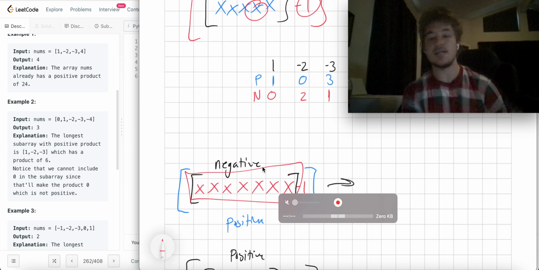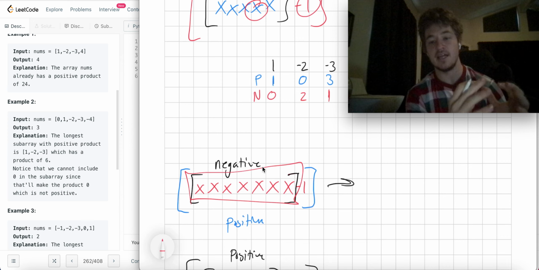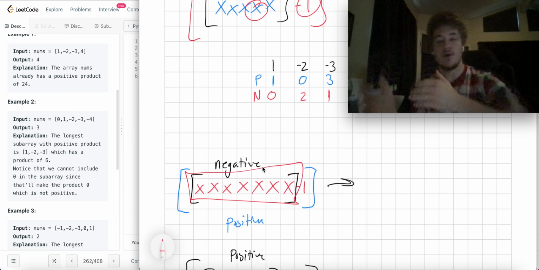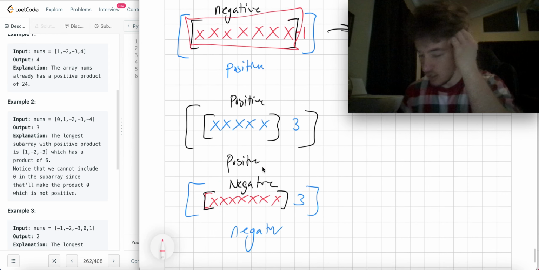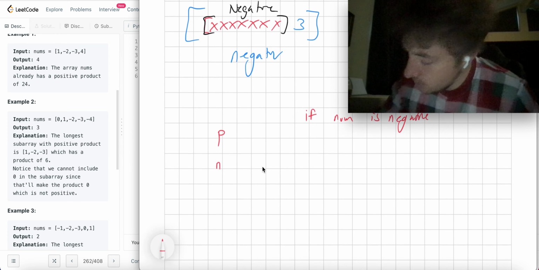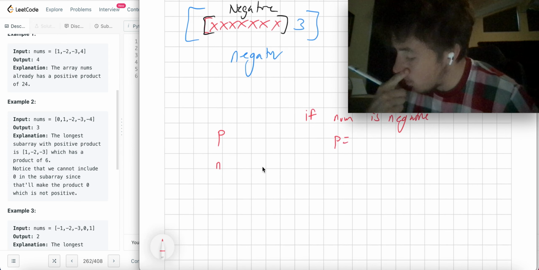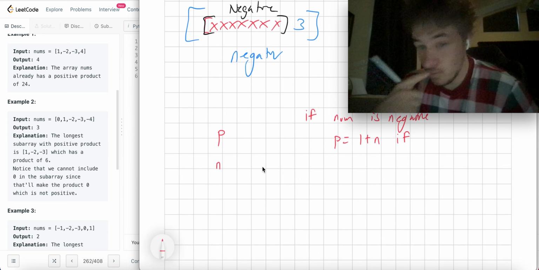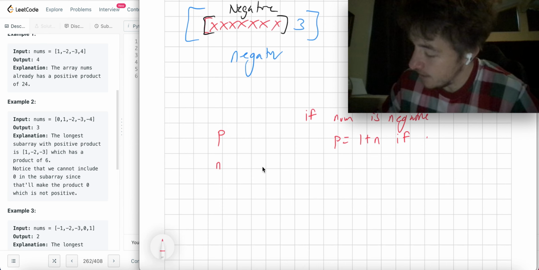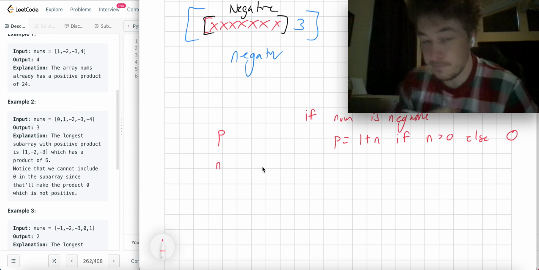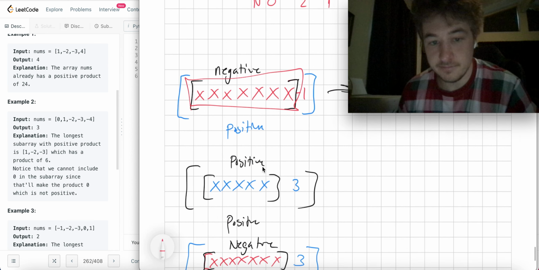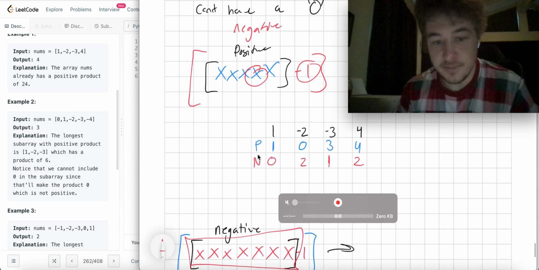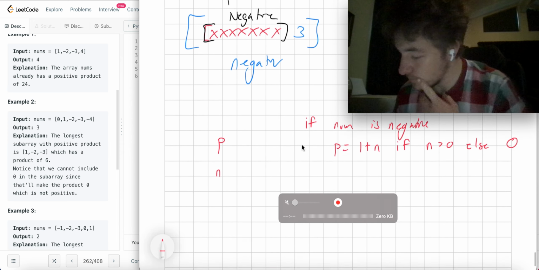I need to be able to attach myself to some system that's already negative. That way I can make it positive. I can't attach myself to nothing. So positive will equal 1 plus negative if negative is greater than 0, else positive will stay as 0. And that's what we did here. Since negative was 0, we couldn't add 1 to positive, so we set it to 0 still.